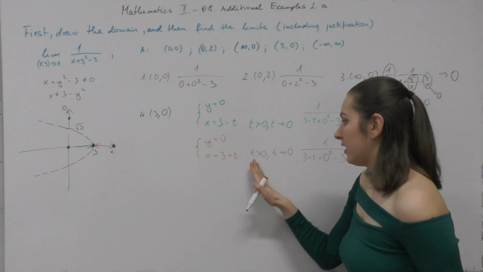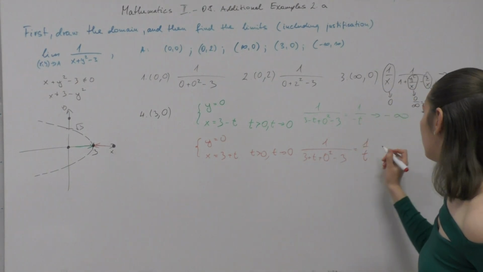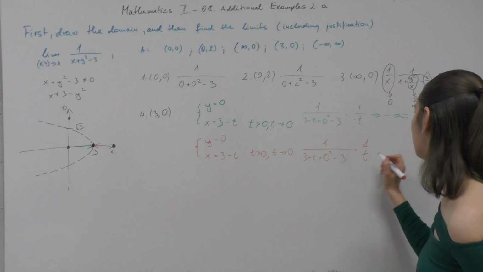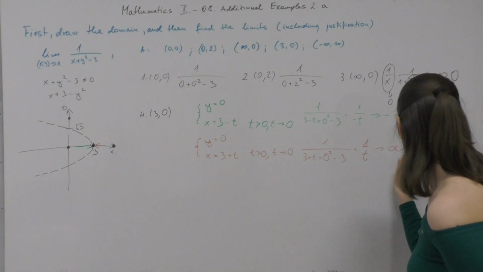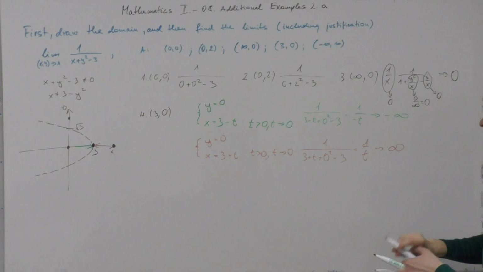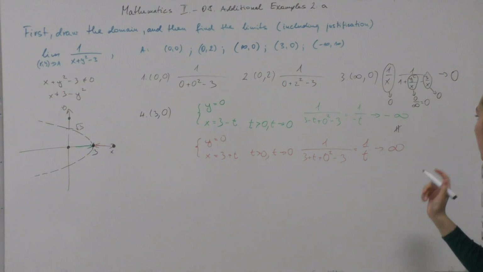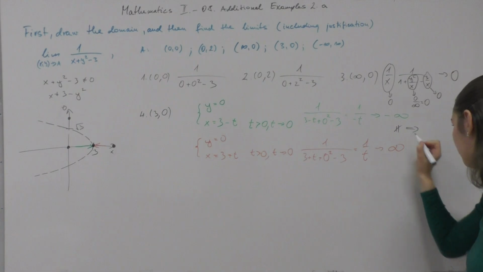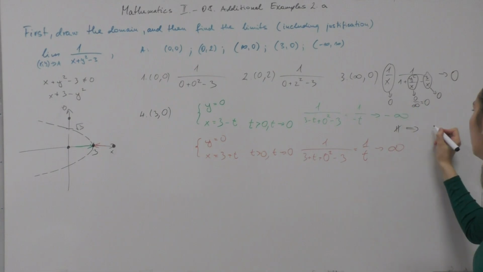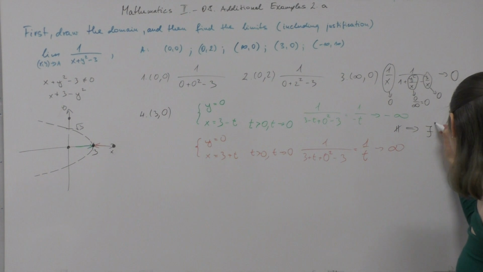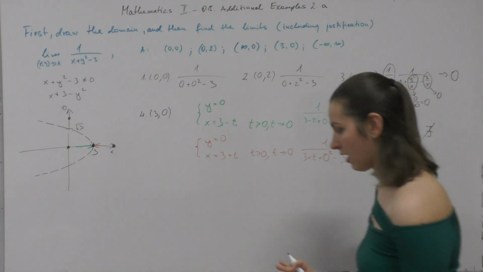Since t is positive and t goes to 0, this one goes to infinity. Clearly, minus infinity and infinity is not equal, so the limit does not exist.